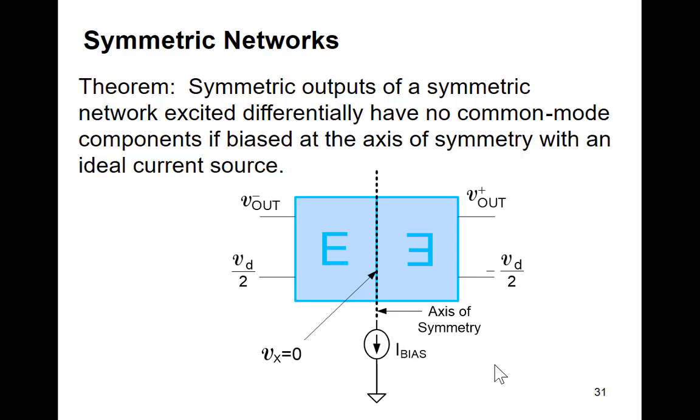So here, if I excite it differentially, no matter what the current is, the average value of this voltage won't be changing. And so there is no common mode component if we bias it on the tail with a current source.